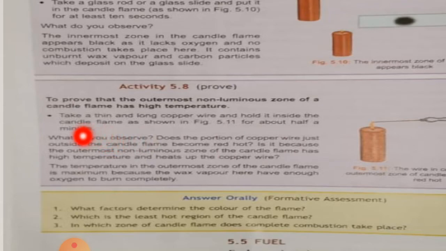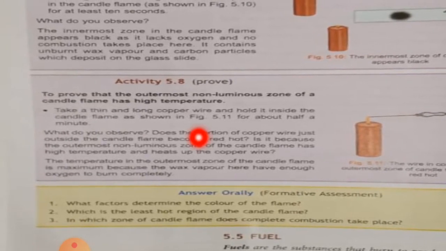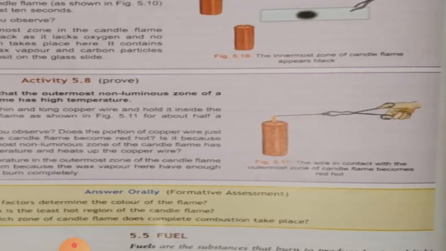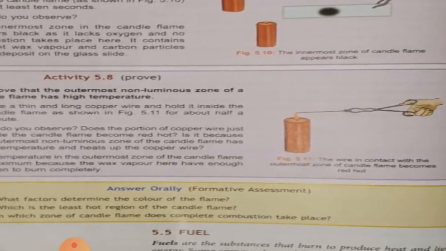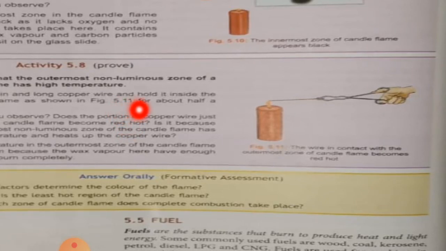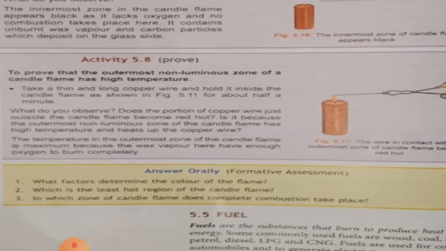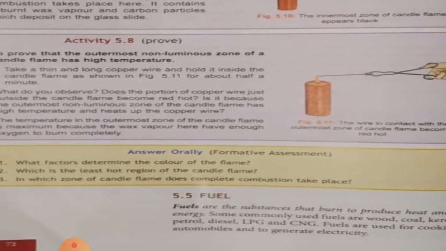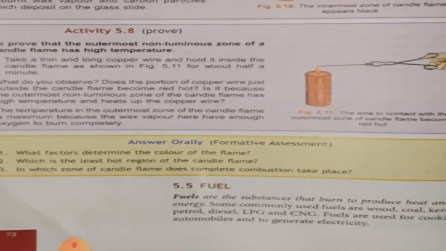So first you have to take a thin and long copper wire and you have to hold it with the help of holder. You have to hold this copper wire inside the candle flame as shown in figure 5.11 for about half a minute.